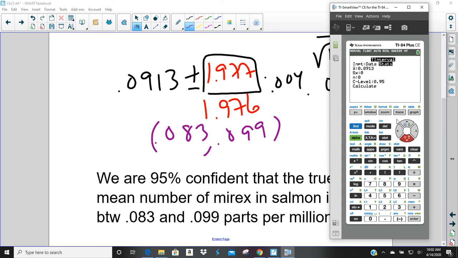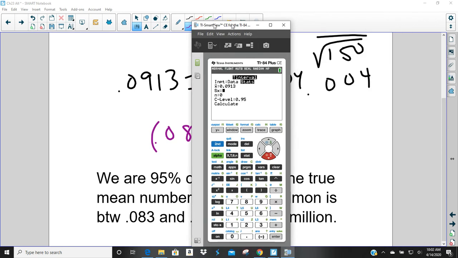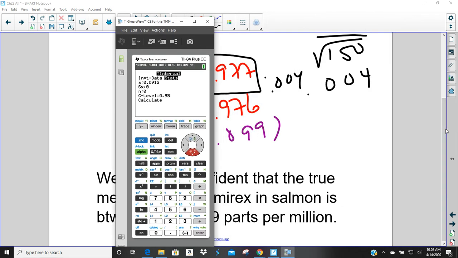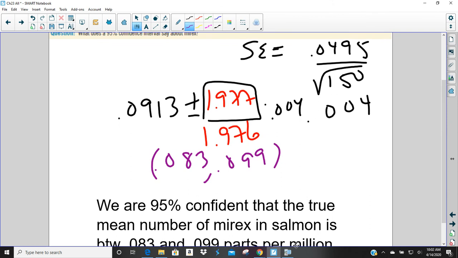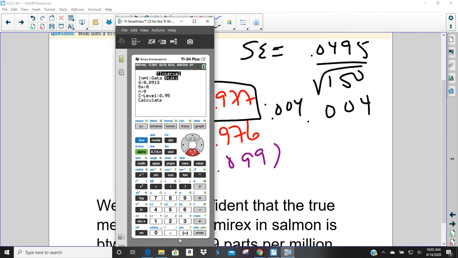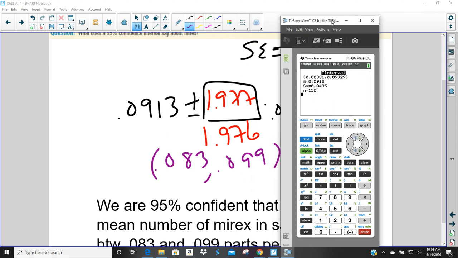My standard deviation, if you recall, was 0.0495. My number was 150, and the C level is 0.95, and I can leave it like that because the calculator is going to know that it is a two-sided interval. And sure enough, we got the same numbers.